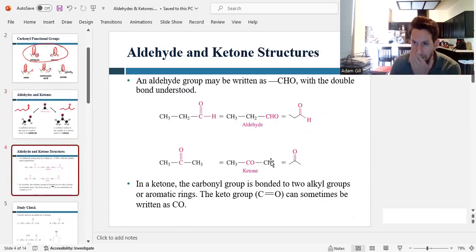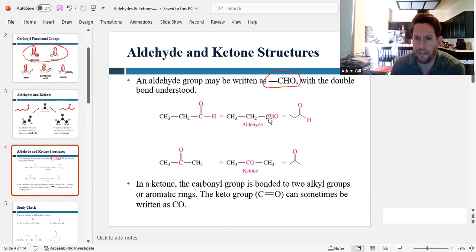Now, drawing these, you can draw it as condensed or expanded or as a skeleton structure. Now, I will probably draw them as skeleton structures on your exam, but your textbook likes to draw them as these condensed structures. And so your textbook uses the abbreviation CHO for an aldehyde. And so highlighted in pink here, you can see the CHO.